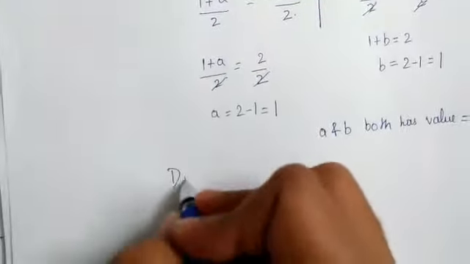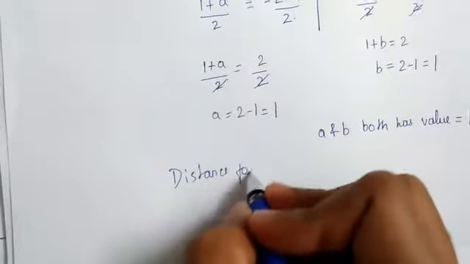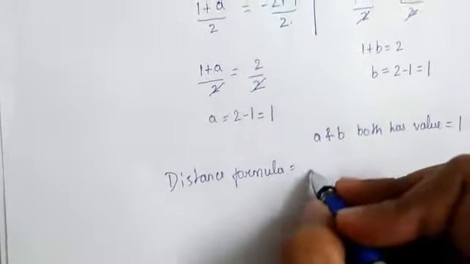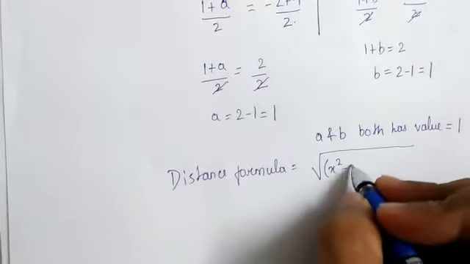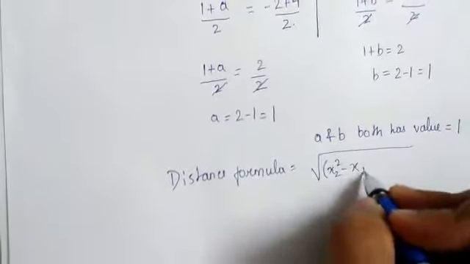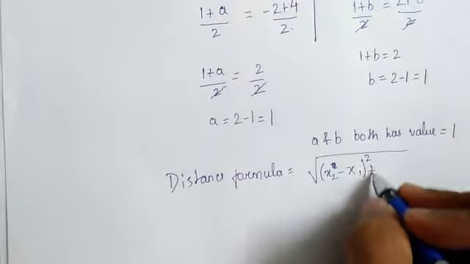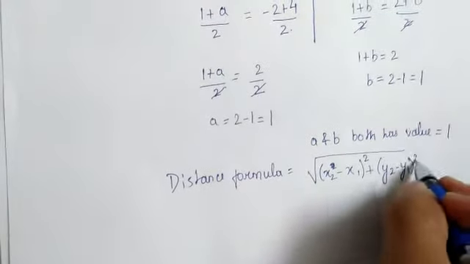The distance formula is the square root of (x2 minus x1) whole squared plus (y2 minus y1) whole squared.